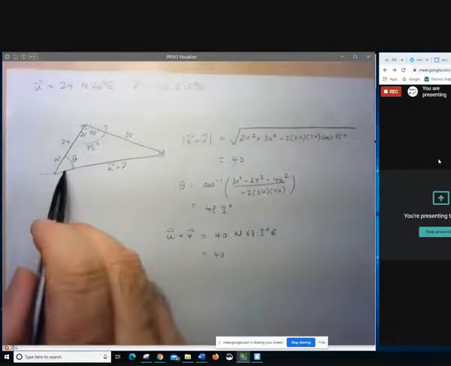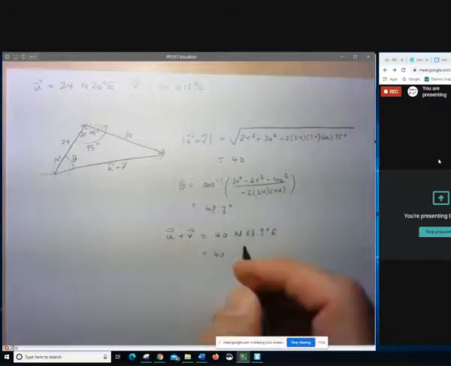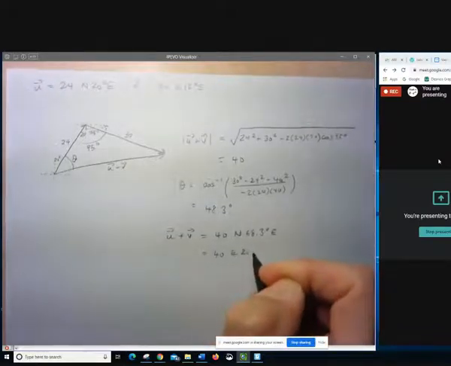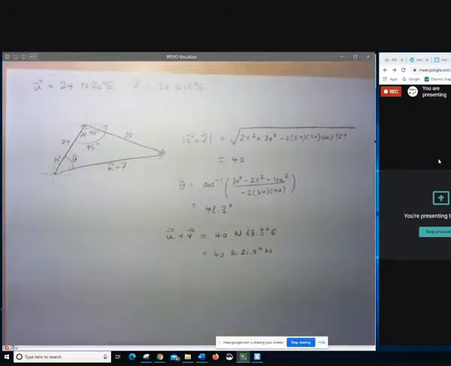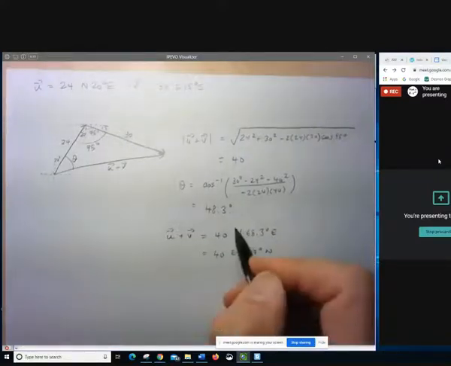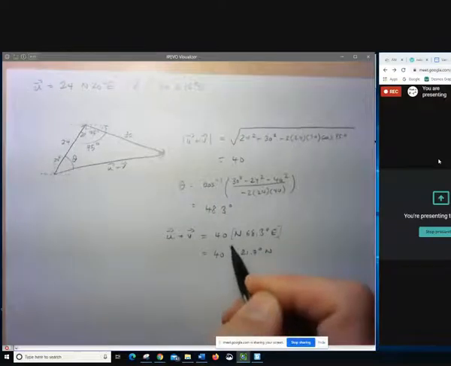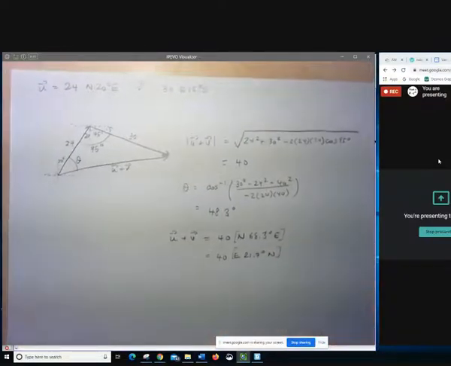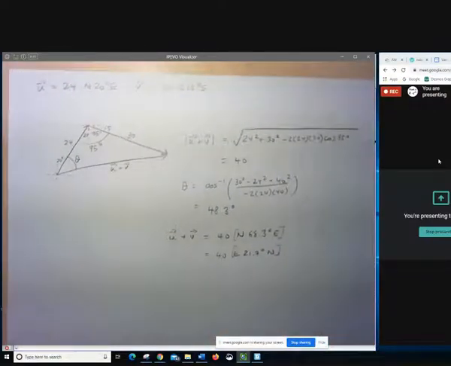So what would that be? That looks like it would be 21.7 east, 21.7 degrees north. Okay, and for those of you who've taken physics, often in physics they use little square brackets there to cordon off the direction. That's perfectly reasonable. If you've been doing that before, you can go ahead and keep doing that.